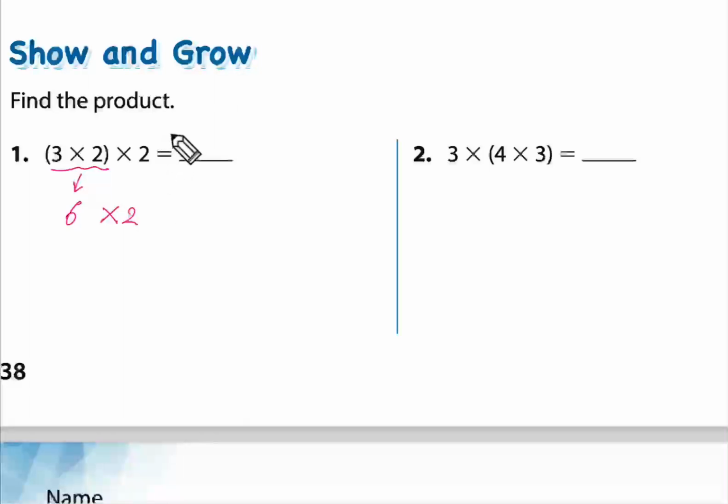It's 6 plus 6. 6 plus 6 equals 12. So 6 multiplied by 2 equals 12. And this makes our product to be 12. Any problems? No.